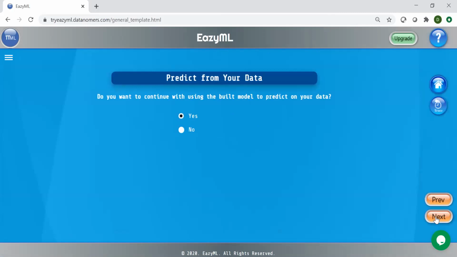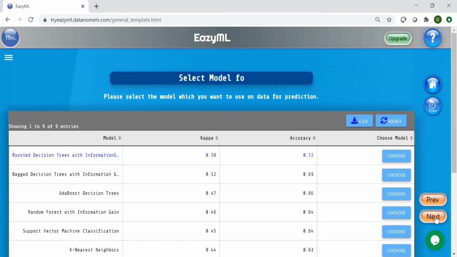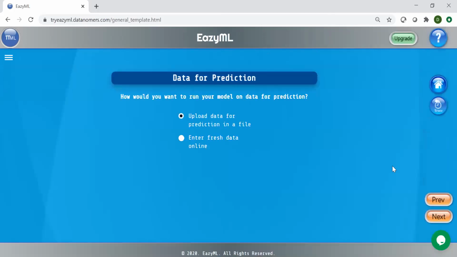All right, now we are ready to make these predictions from the best model that the machine created. And it says, okay, you want me to make predictions, upload a file from which I can read in the input parameters and make the prediction. Well, what is that file? Let me show you.